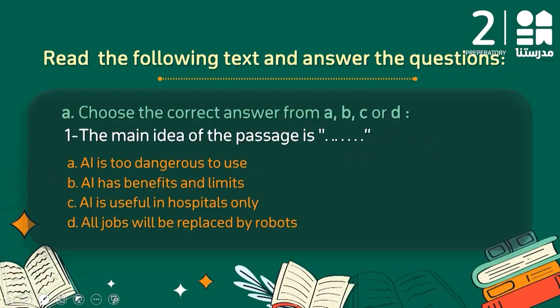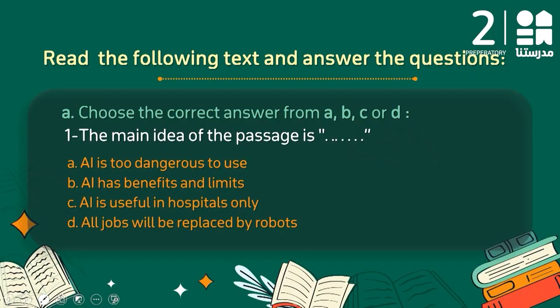Okay, the main idea of the passage. So how can I get the main idea of the passage? Of course, after reading it all, you will come to what the passage is all talking about. So let's read our choices here and decide, what is our passage talking about? AI is too dangerous to use.